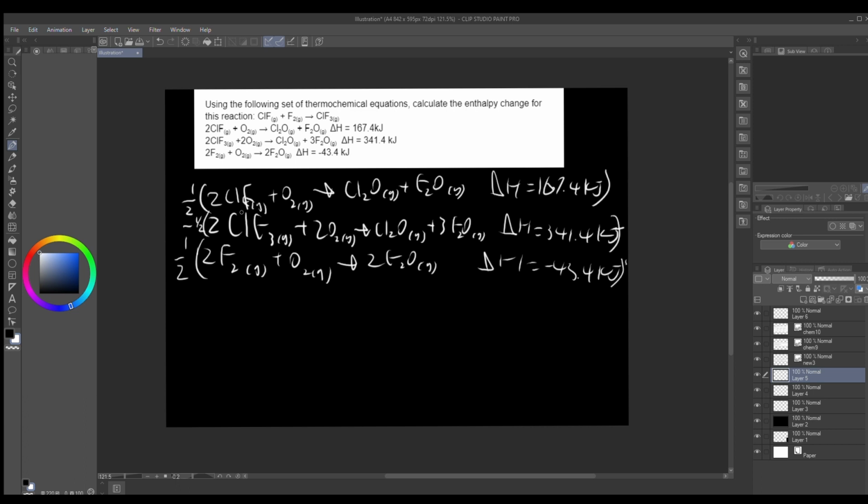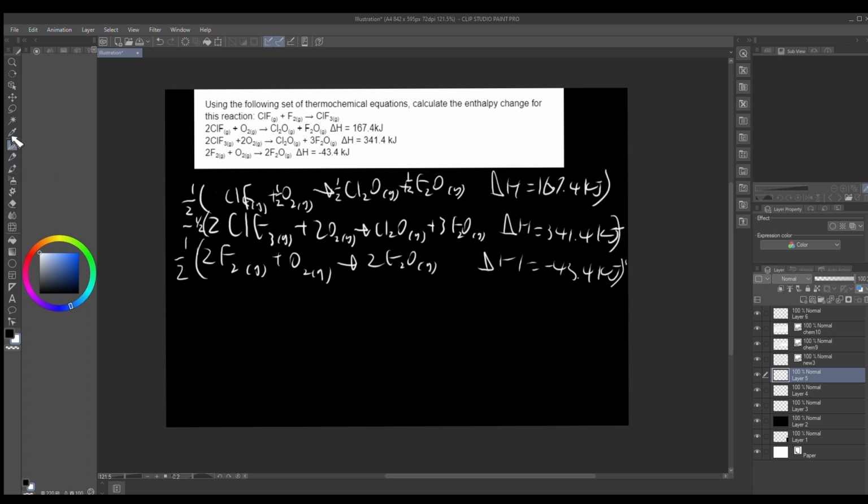And so let's distribute all of the values. So this will just become 1. And then oxygen gas will have 1 over 2. This will also have 1 over 2, 1 over 2.